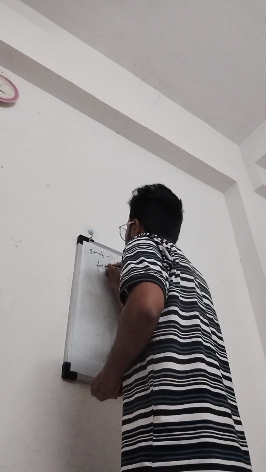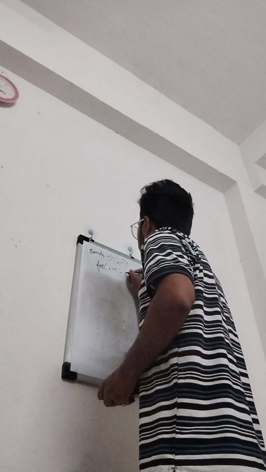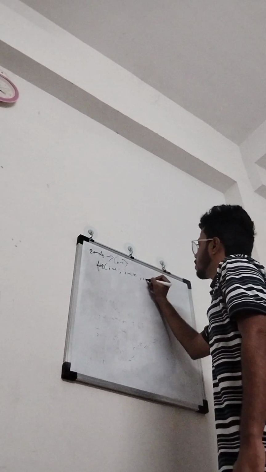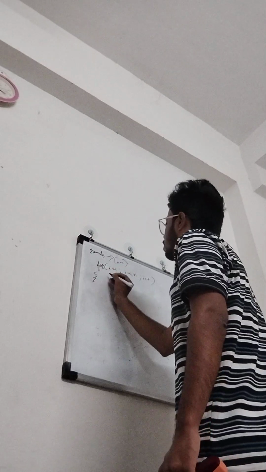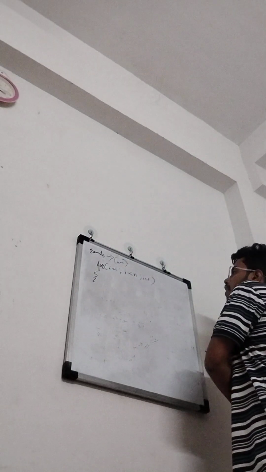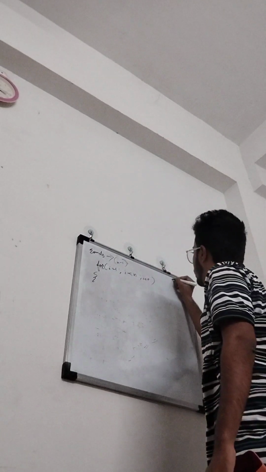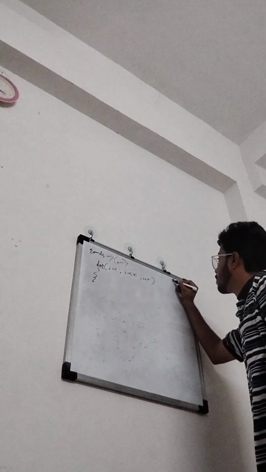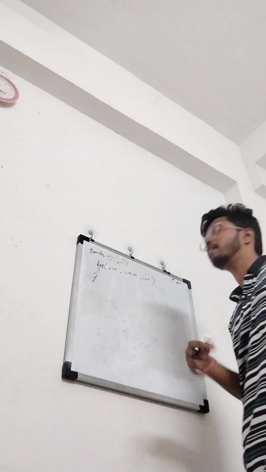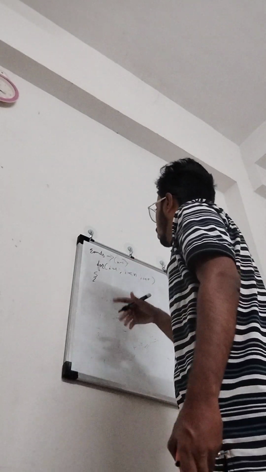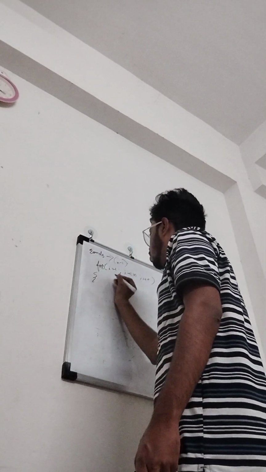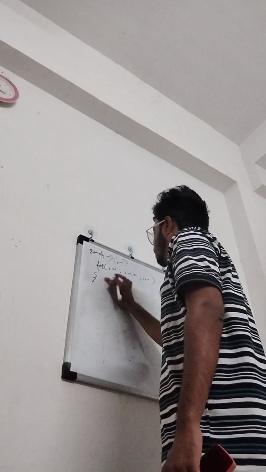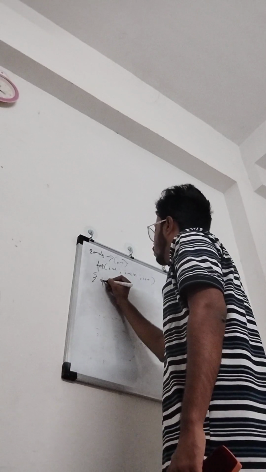So what I write here is, for i equals 1, i less than n, i plus plus. As the comparison will start from the second element, the element having the index 1. So i equals 1, and I write again a for loop for the comparison.